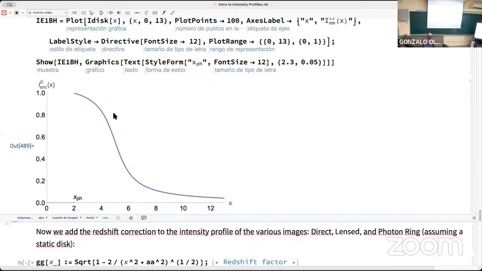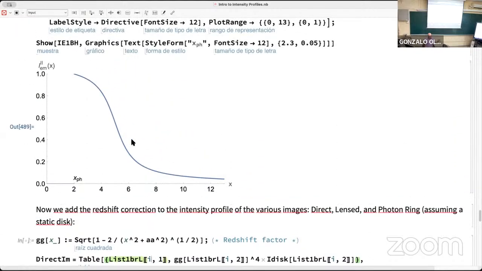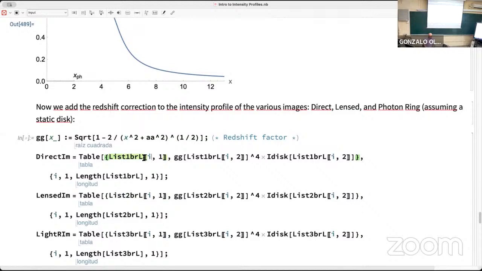And that profile is stationary. It is the same at any time. There should be a continuous flow of matter to keep this stable. Yes. So physically, I don't know how realistic this is, because you need a continuous flow of matter falling into the black hole. But the truth is that we expect that matter is being absorbed by the black hole.